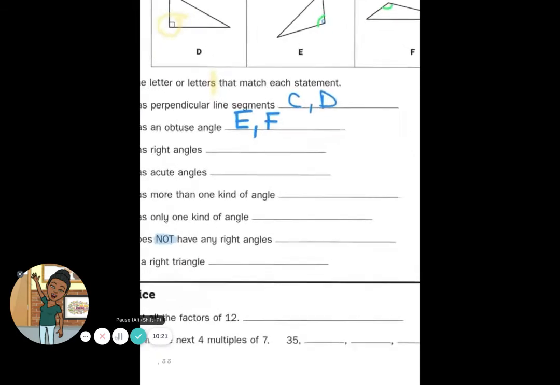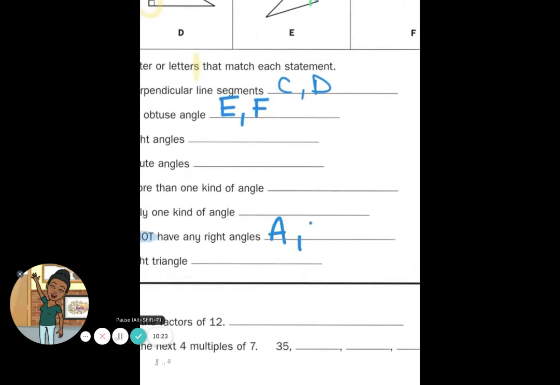The definition of a perpendicular line segment is an intersection that makes a right angle. So any triangle that has perpendicular line segments, the others would not. So I could use the fact that I've eliminated C and D as having right angles. Let me solve for number 7. So A, B, E.